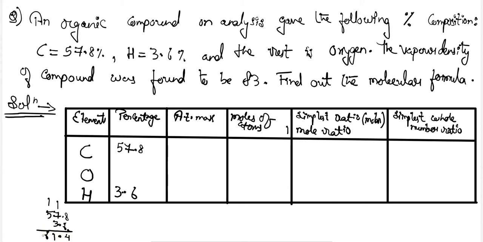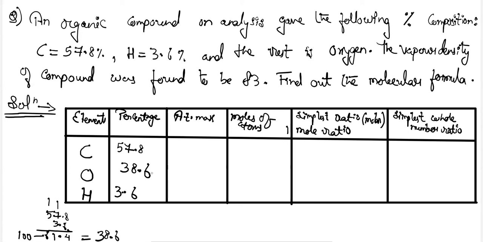Now, subtracting this from 100, we get 38.6, which will be the percentage of oxygen. I first added the percentages for hydrogen and carbon which are provided, then subtracted from 100%, so I got the percentage of oxygen.